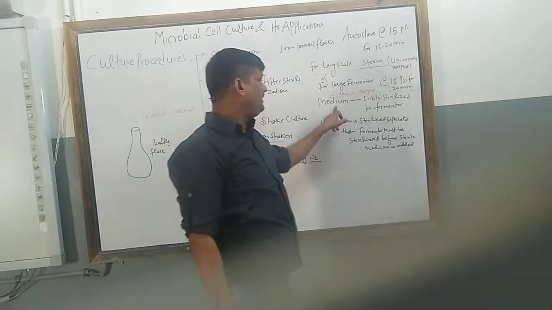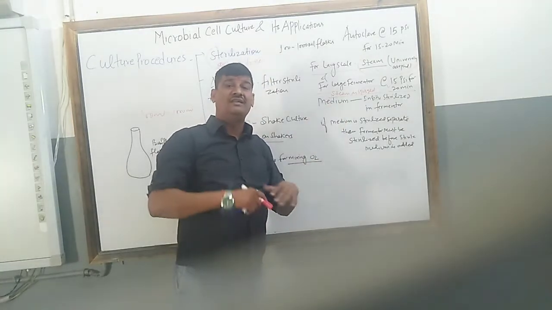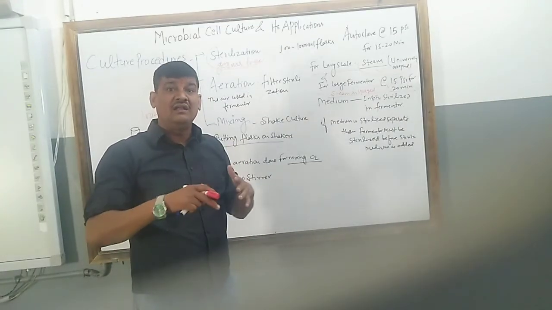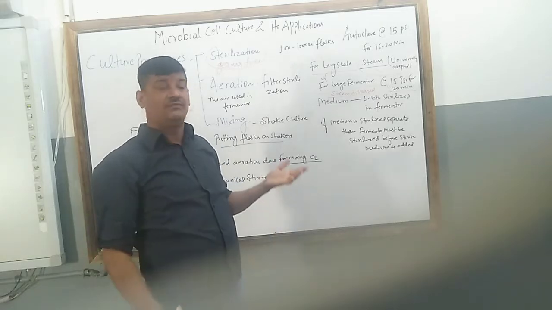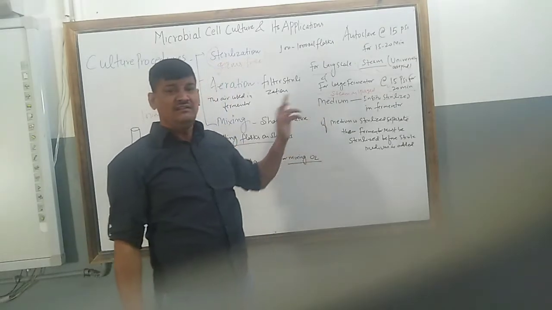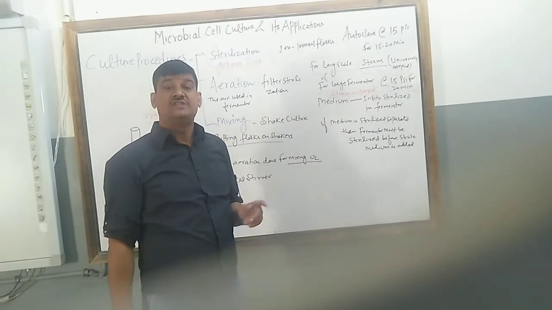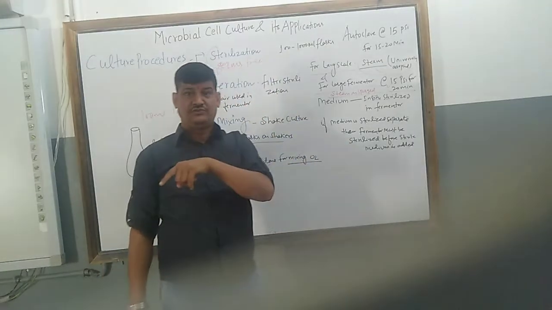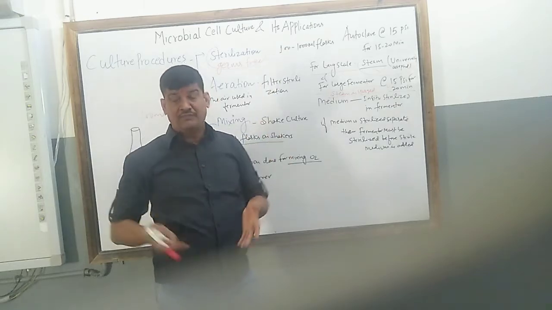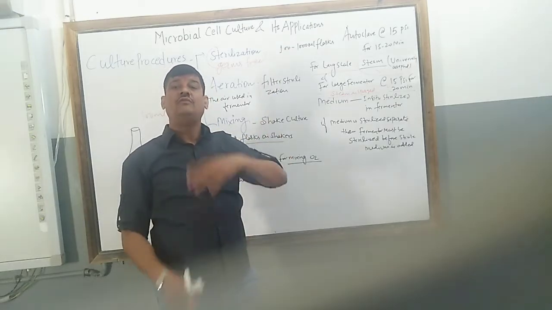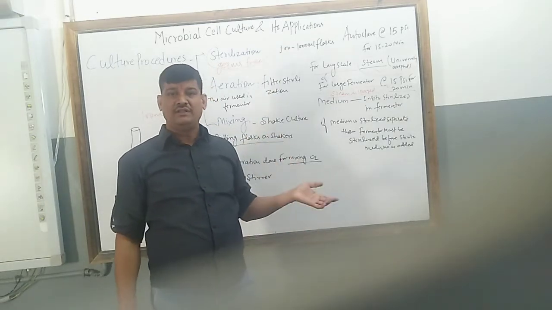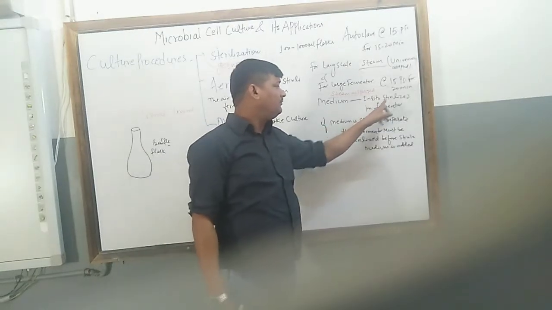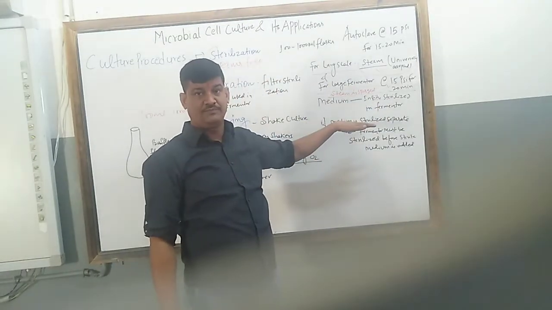But for large scale production in the large metallic vessels we call fermenters, in situ sterilization is done. So there are two kinds of sterilization, in situ and ex situ. In situ means within the fermenter, and ex situ means outside the fermenter, as we do in the laboratory.